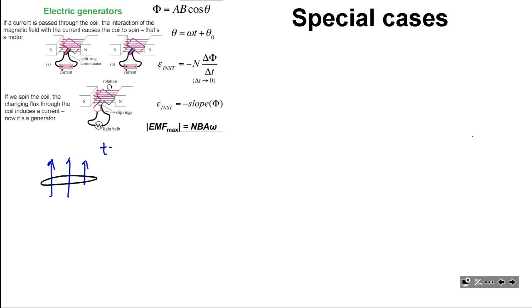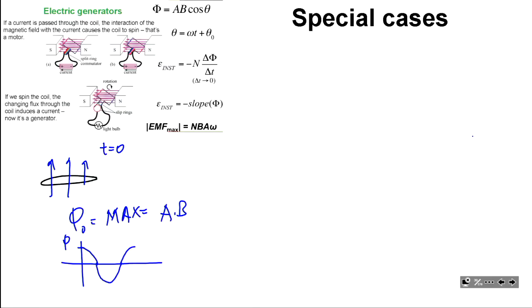At t equals 0, the initial flux has its maximum value, which is just A times B. And depending on how we choose the area vector, and on whether it spins clockwise or counterclockwise, we can sketch a graph which should start from the maximum value, which could be positive or negative, but again, for the sake of simplicity, positive. And how would the graph for EMF as a function of time look?